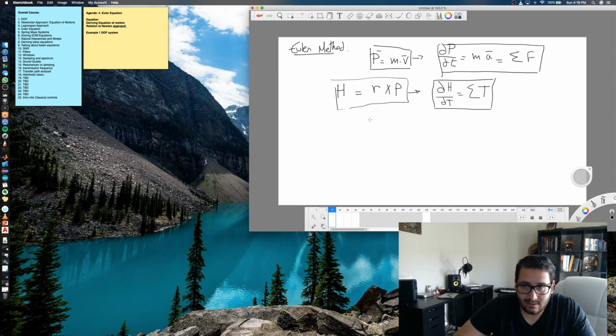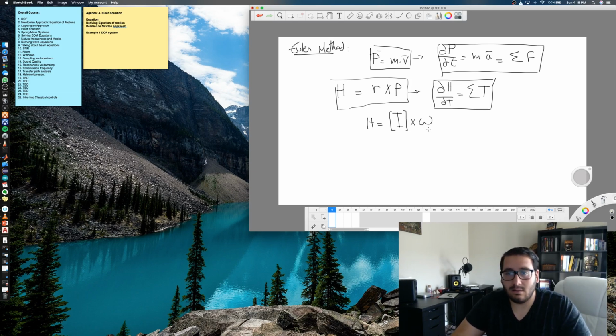Another way we can write H is as the matrix of inertias times the angular rotation speed, omega as a vector.